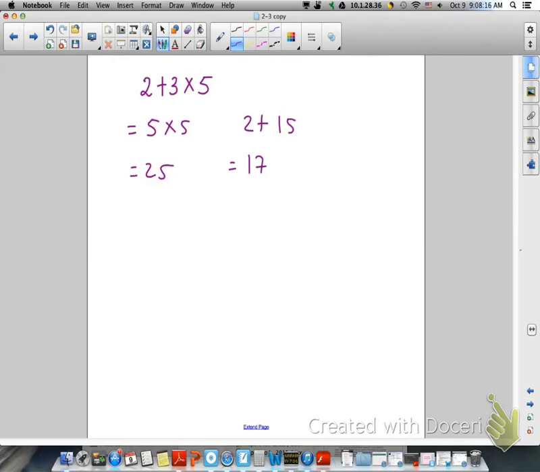So when you have two operations, like we have here, addition and multiplication, which one do you take on first? Is it addition because it comes first? Or is it multiplication because it has a higher value, so to speak, than addition? Alba? Multiplication.